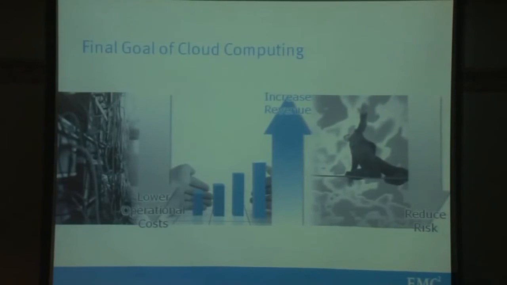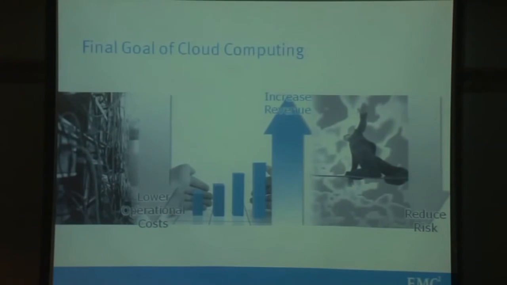As companies move towards cloud, one of the major reasons is the lower operational cost. Running your applications in cloud is much cheaper than having them in a classic data center, where you have to buy your own hardware and software. But there is a chance of increased risk in moving to cloud.